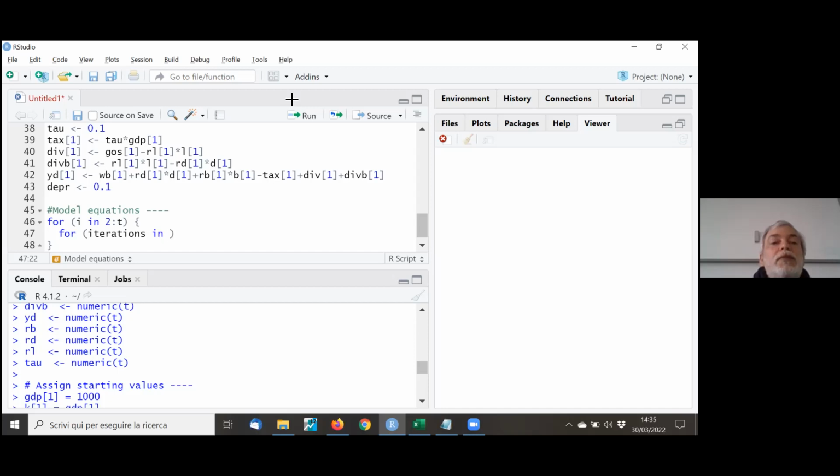In from 1 to, or let's say 10, or depends. If the model is really large, you have to iterate many times to find the convergent solution. This is a smaller one. Maybe 10 is already enough. The more you iterate, the longer it will take, of course. And then another curly braces, opening and closing, and then we can start with the equations. And that's it.